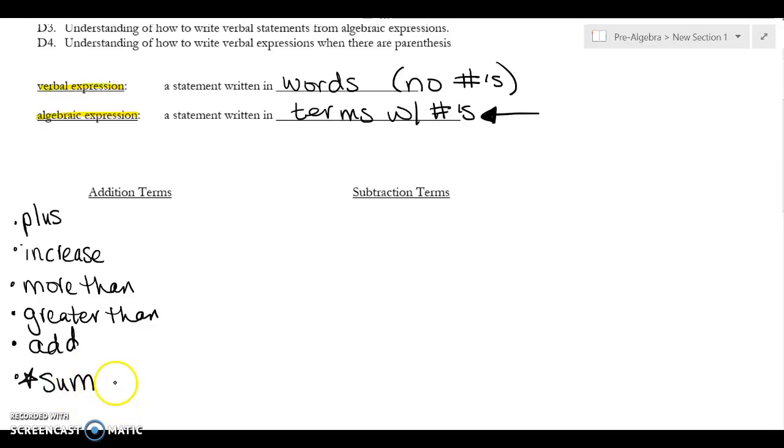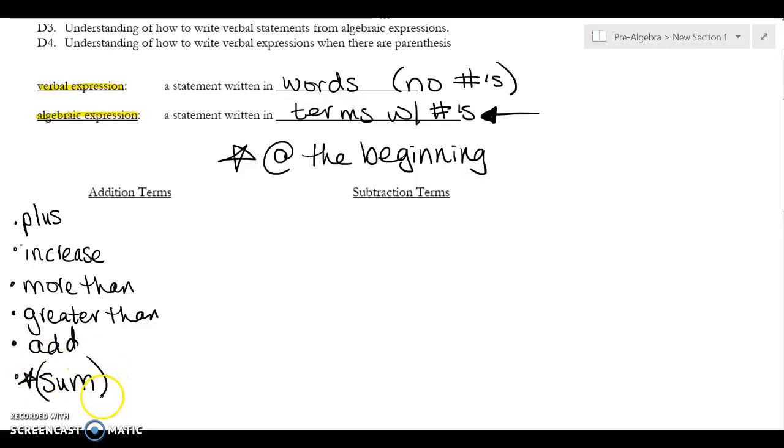The reason I'm putting a star by it is because our star words go at the beginning, and you'll see what I mean when we write some sentences. Our sum usually is going to have parentheses, because without the parentheses, sometimes it will be wrong.